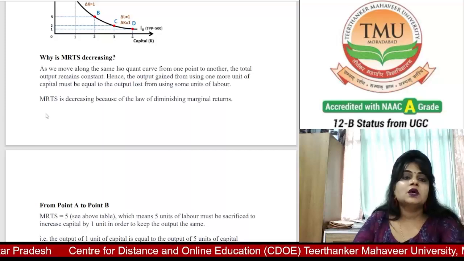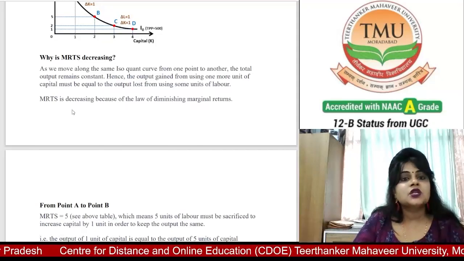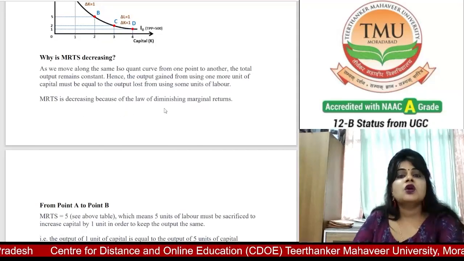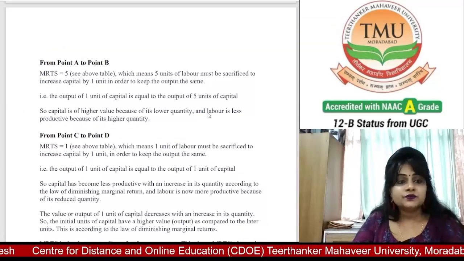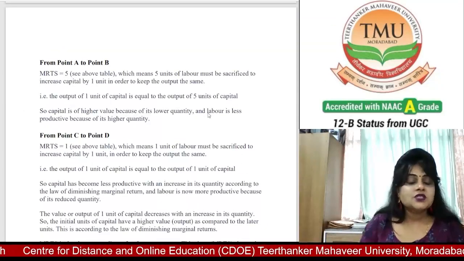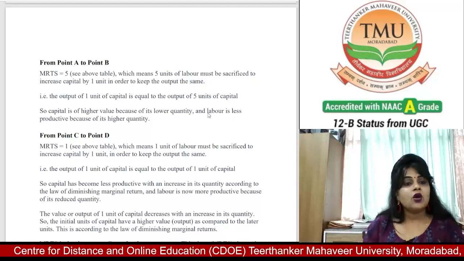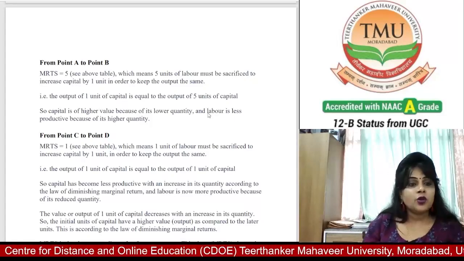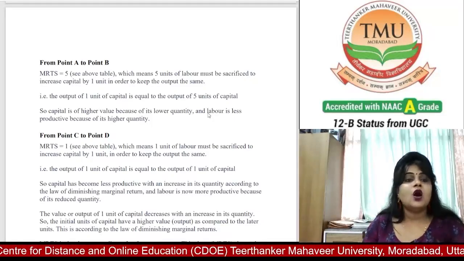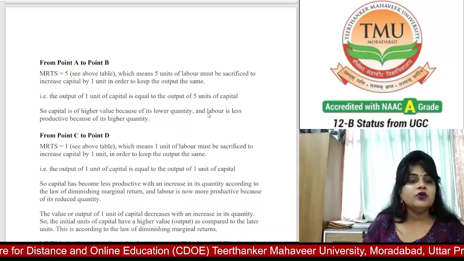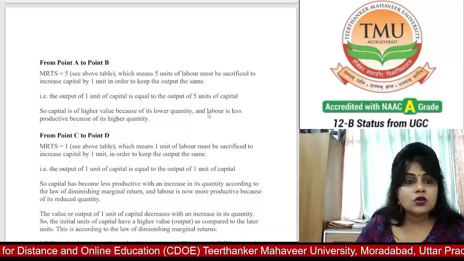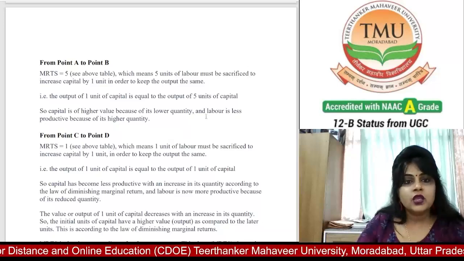So the marginal rate of technical substitution is decreasing because of the law of diminishing marginal returns. A decline in the marginal rate of technical substitution along an isoquant for producing the same level of output is called the diminishing marginal rate of substitution, as you also see in the figure.